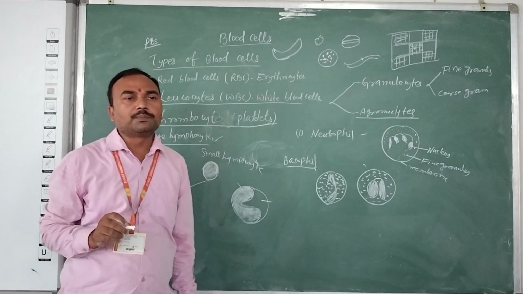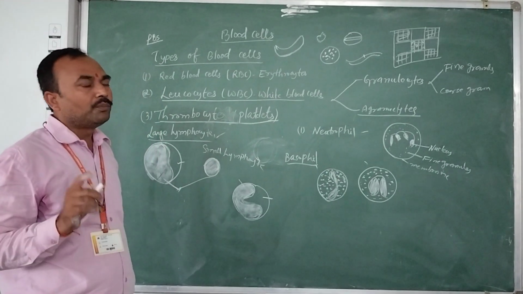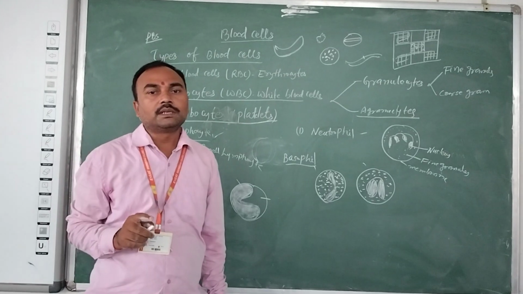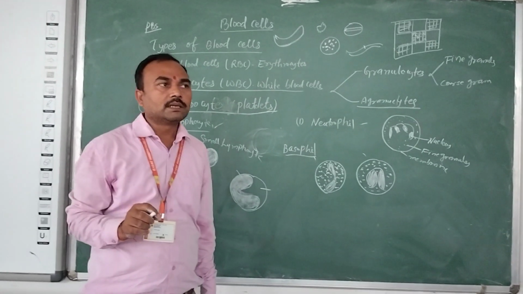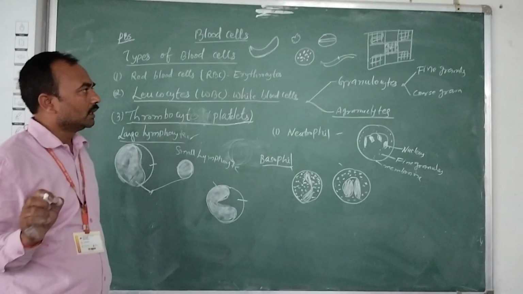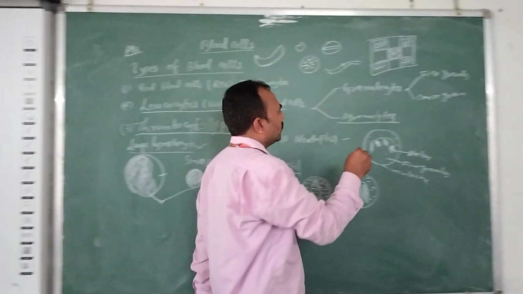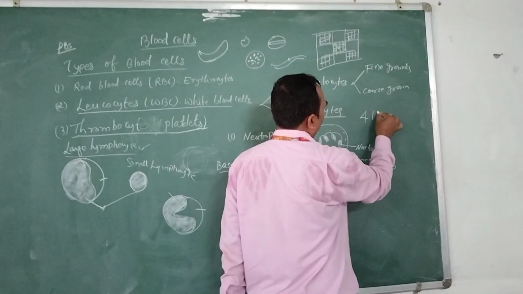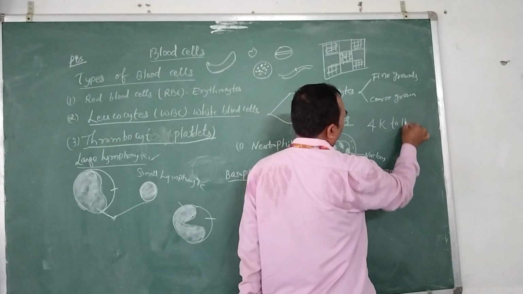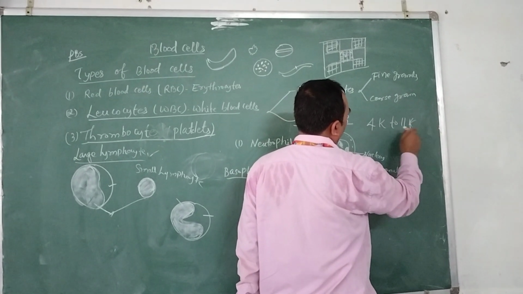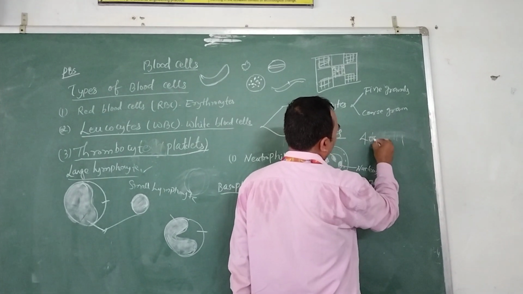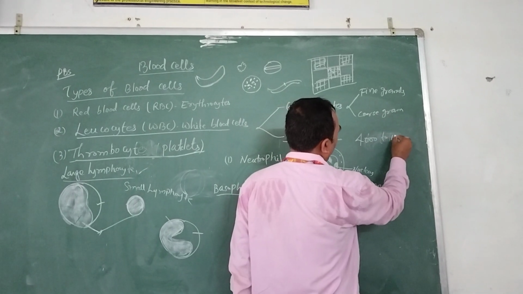The normal range present in the human body is 4,000 to 11,000. So the range will be 4K to 11K, 4,000 to 11,000.